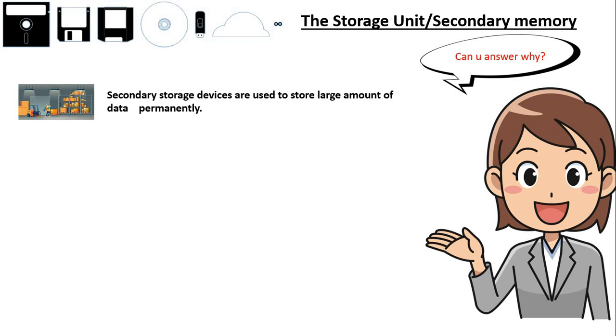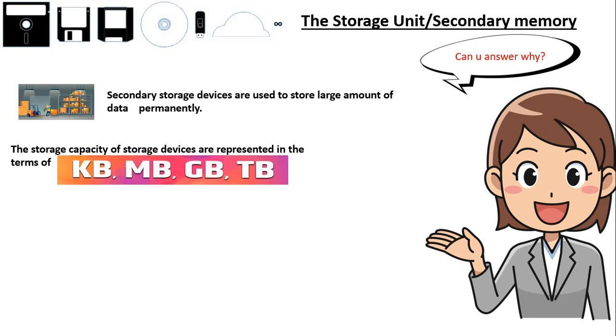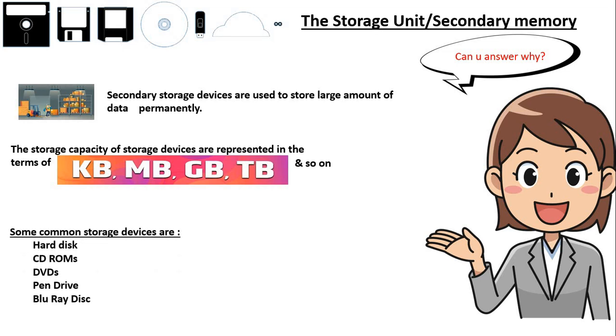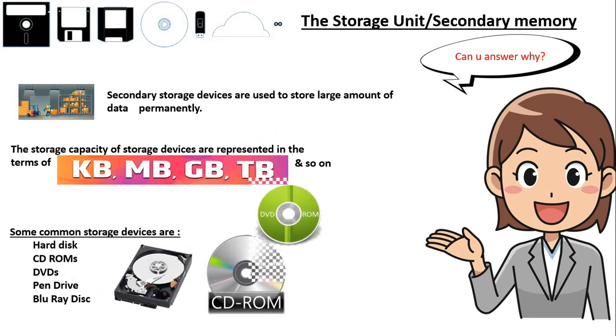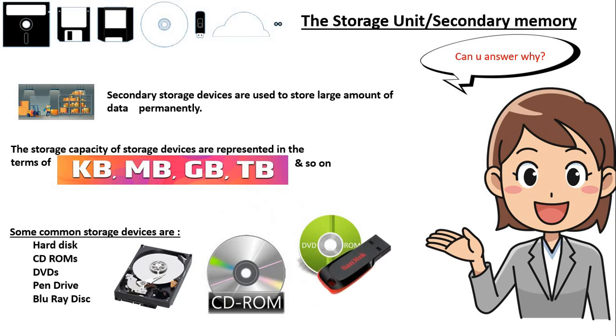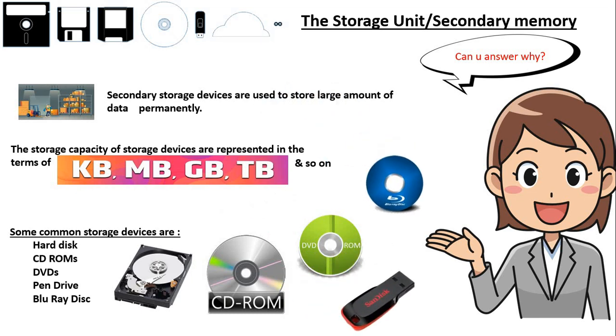Hence, we require secondary storage devices to store data permanently. The storage capacity of storage devices is represented in terms of KB, MB, GB, TB, and so on. Some common storage devices are hard disk, CD-ROMs, DVDs, pen drives, and Blu-ray disc.